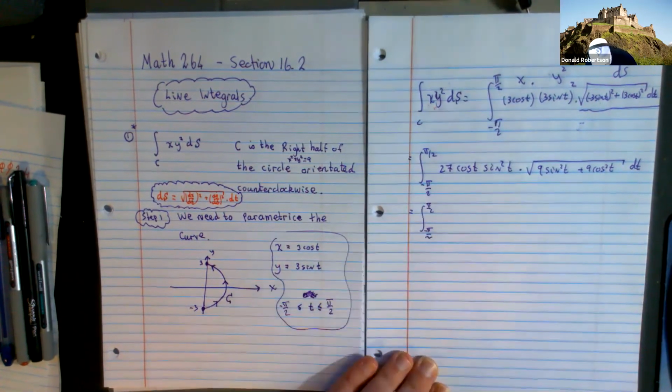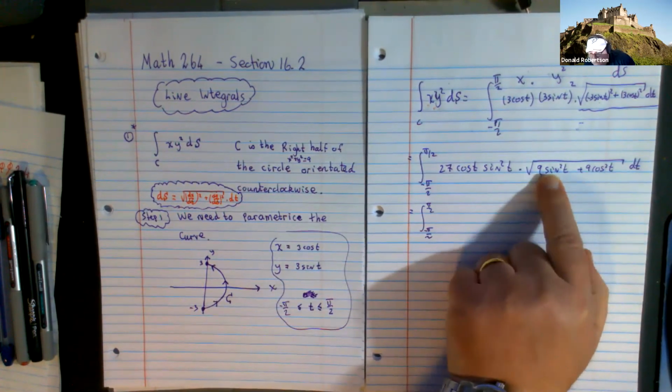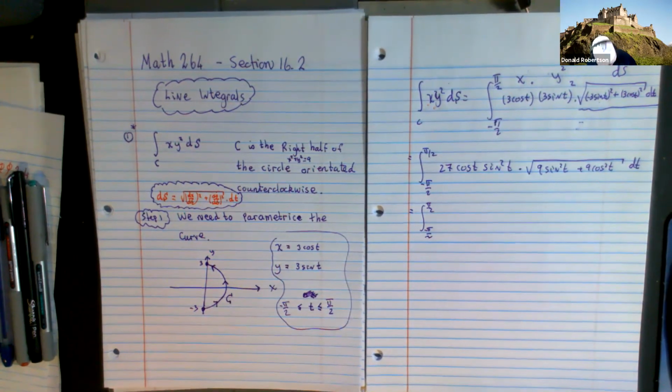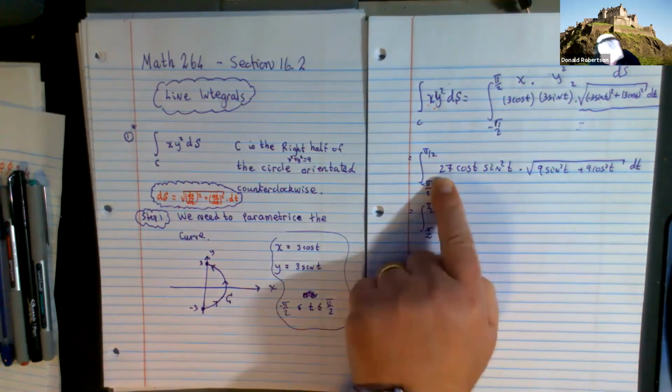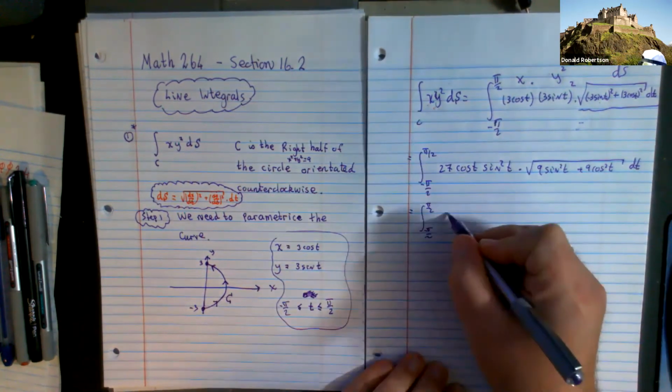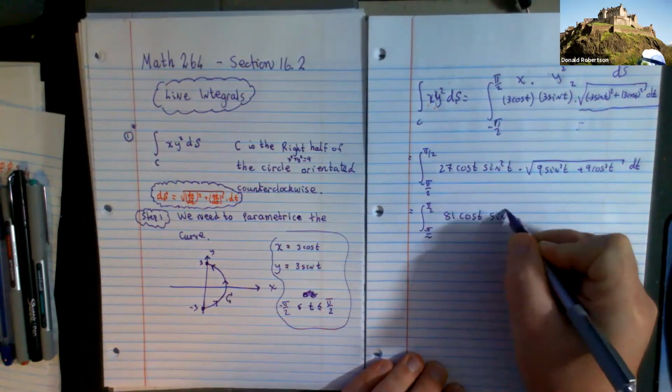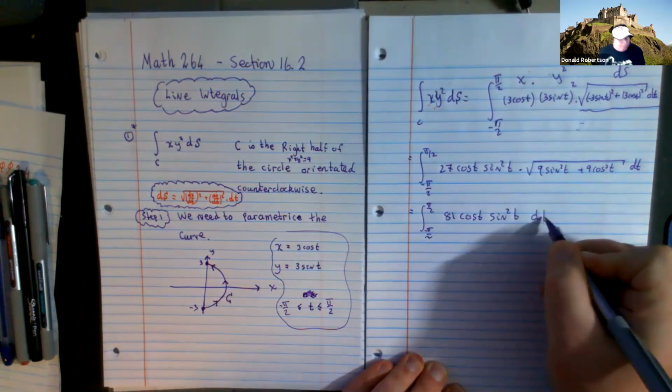Let's skip some lines here. What's 9 sine squared plus 9 cos squared going to get me? 9. And the square root of 9 is going to get me 3, isn't it? And that 3 is going to go with that 27, and that's where the 81 came from. Are you happy about where the 81 came from?